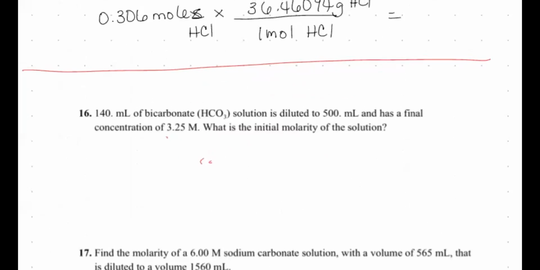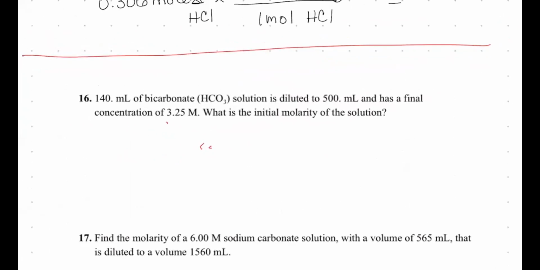So again, whenever we're doing dilutions, we're doing M1 times V1 equals M2 times V2. And this is the concentrated solution. Concentrated. And this is your diluted solution.